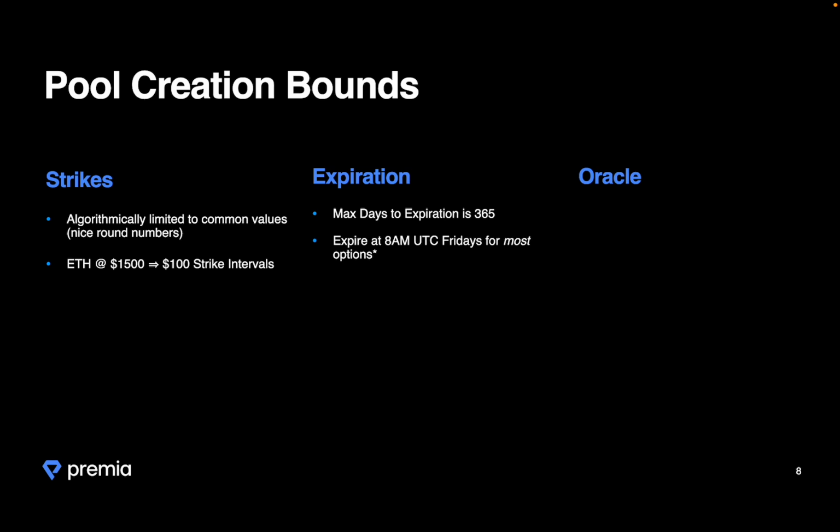So in this case, someone could create a 1,500 strike, a 1,600 strike, 1,700 strike, etc. In terms of expiration, the max expiration is 365 days. The expiration timestamp centers around 8 a.m. UTC Fridays. So there's an asterisk on this as well.